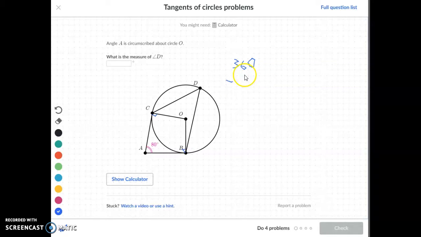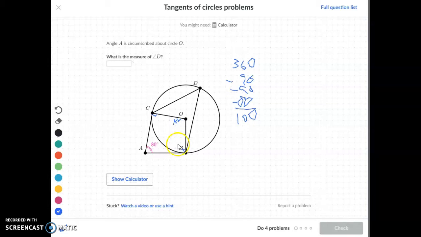So we know 90 degrees. We're going to subtract another 90 degrees. And we're going to subtract 80. So when we subtract 360 minus 90 minus 90 minus 80, we get 100. So angle O is 100 degrees.